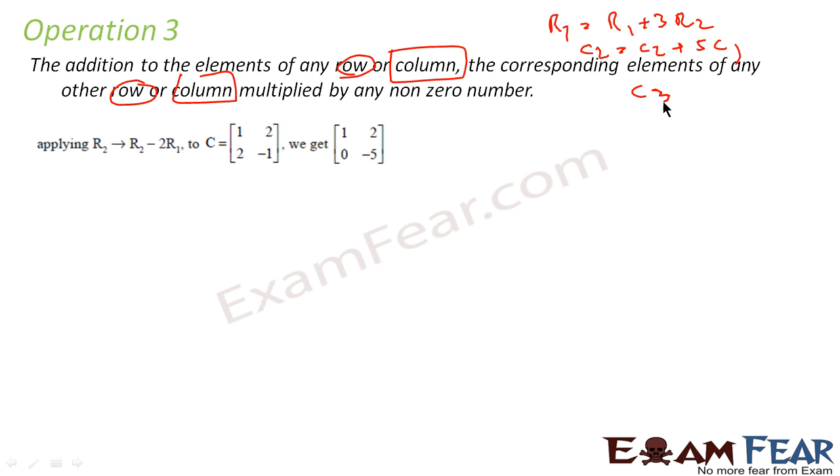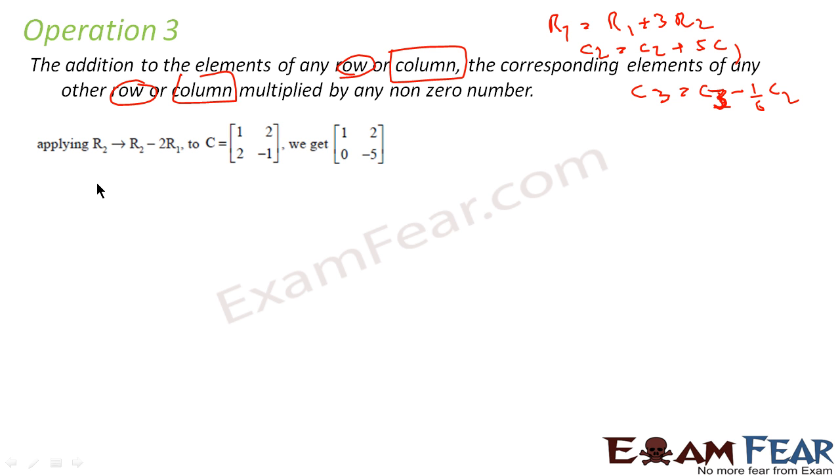You can say C3 is equal to C3 minus 1 by 6 C2. That is also possible, because here you are subtracting from C3 only, with 1 by 6 C2. Such kind of operation is also possible.